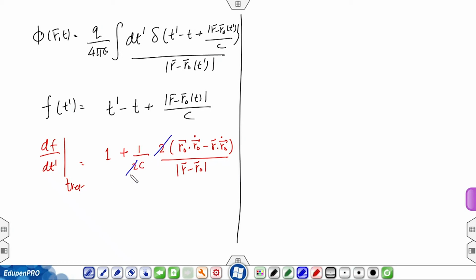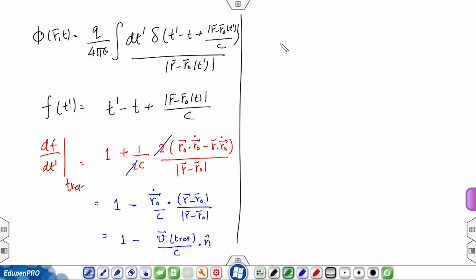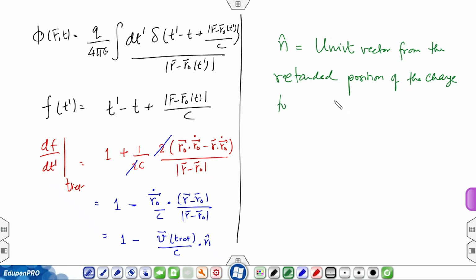This 2 cancels, and I can switch the signs and write this as 1 minus r naught dot dotted with the vector (r minus r naught) divided by the modulus of r minus r naught, which is nothing but divided by c. 1 minus v at t retarded over c dotted with n, where n clearly is the unit vector from the retarded position of the charge to the observation point.